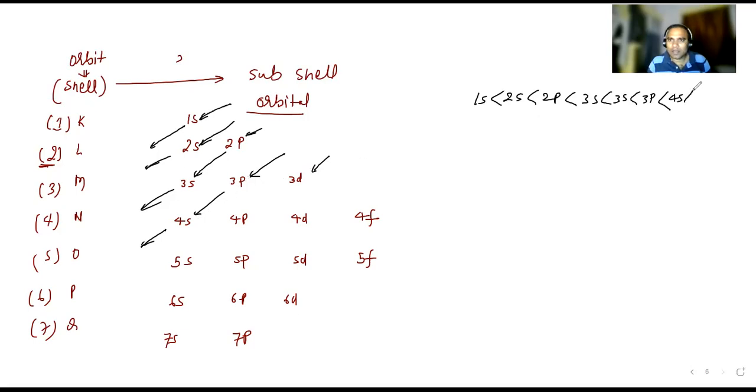Why is there no 2d or 2f in the second shell? Why does it stop at p? In the second shell, how many maximum electrons are there? Maximum electrons, 8. So second shell, we have 2s, 2p.